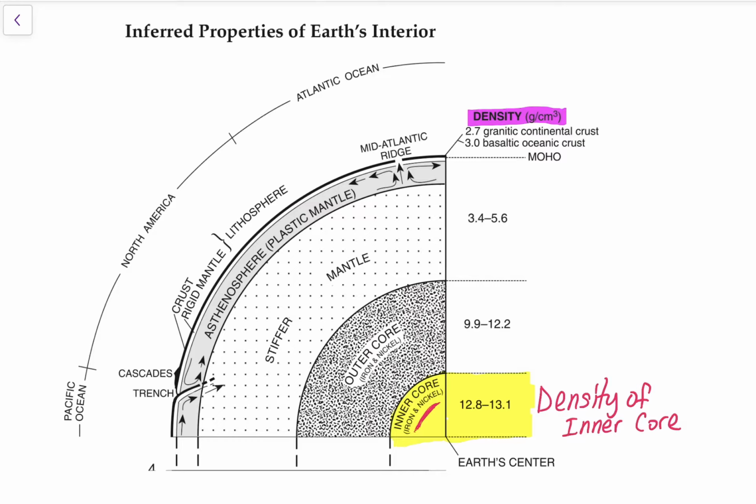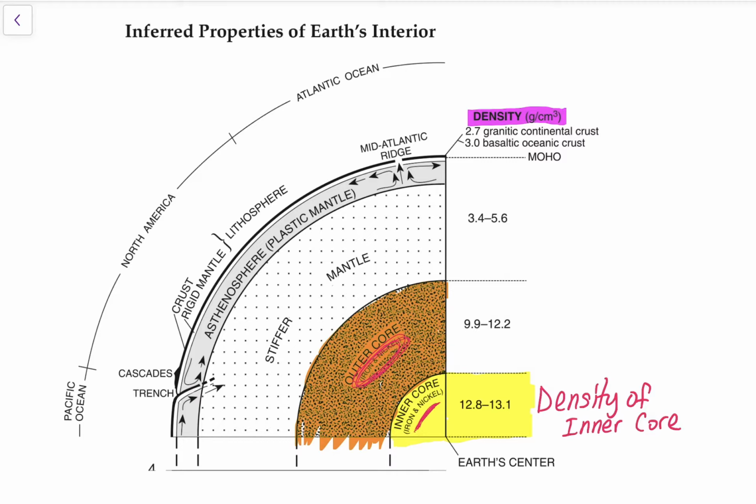The very next layer of the Earth is the outer core. We can highlight that in orange. Okay, the outer core, as you can tell, is also made of iron and nickel. And again, it tells us that right underneath the name. Okay, see where I'm circling here? It says iron and nickel.